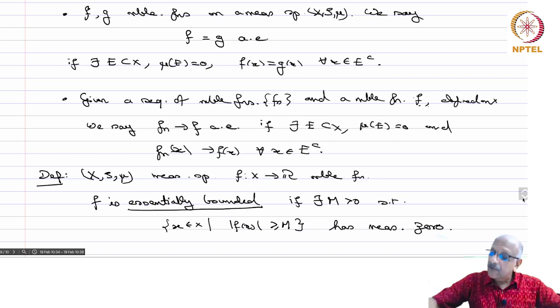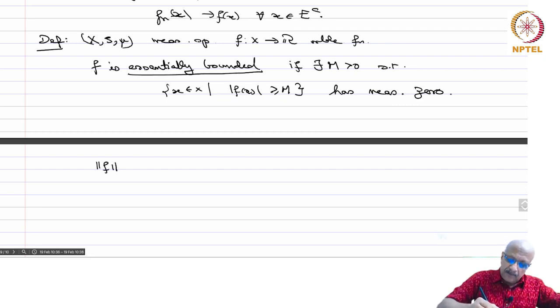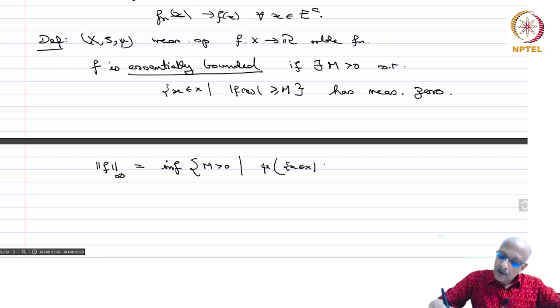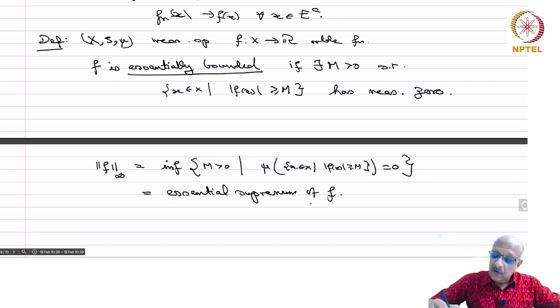So that means except for a set of measure 0, mod f of x is less than or equal to m. And then we define norm f infinity to be the infimum of all m such that the measure of the set of all x in X with mod f of x greater or equal to m equals 0. This is called the essential supremum of f. That means except for a set of measure 0, this is the smallest upper bound.